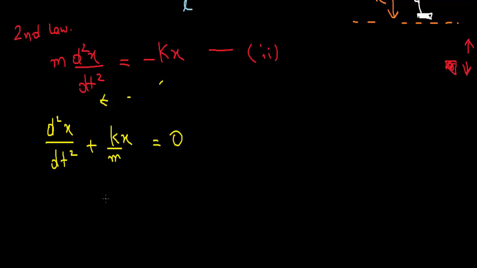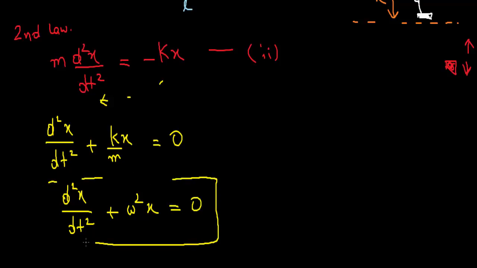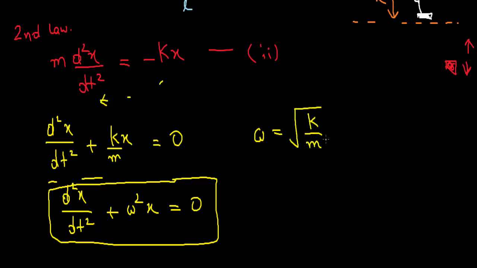Now we'll simplify it more: d2x upon dt2 plus omega square x equals 0, where we are considering k upon m as omega square. So this is our differential equation of simple harmonic motion, where omega equals root under k upon m.